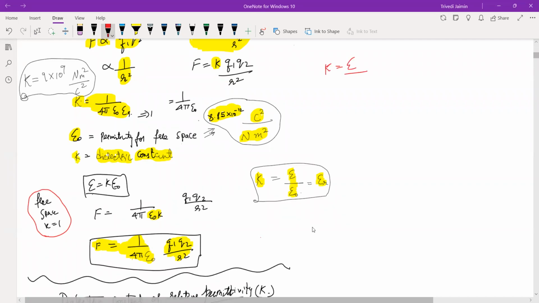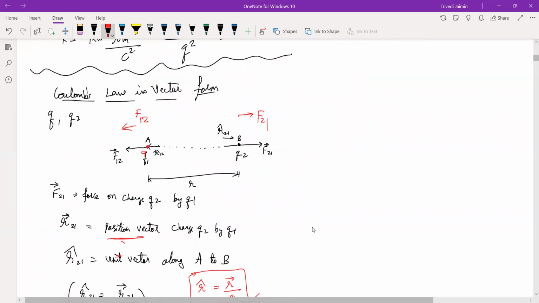K equals epsilon by epsilon naught, which equals epsilon R, the relative permittivity. Epsilon is the permittivity of the material or medium we are using. Here we are using free space, so K is equal to 1.